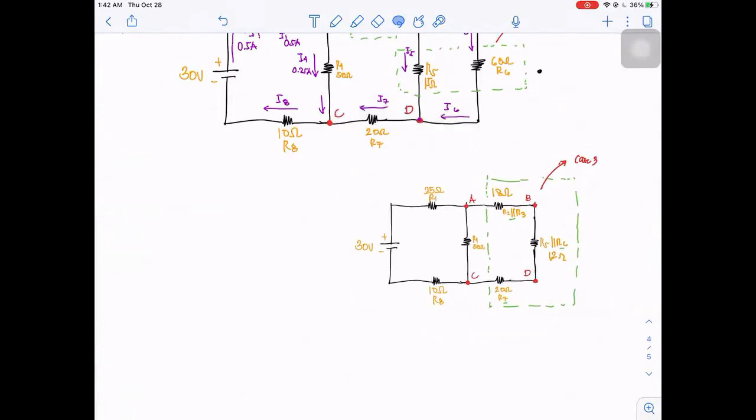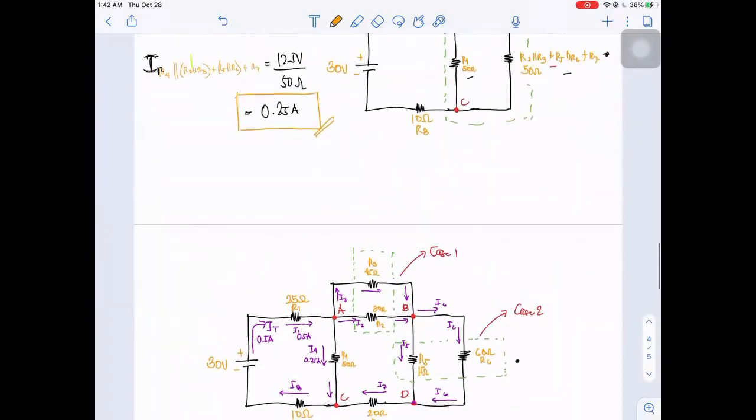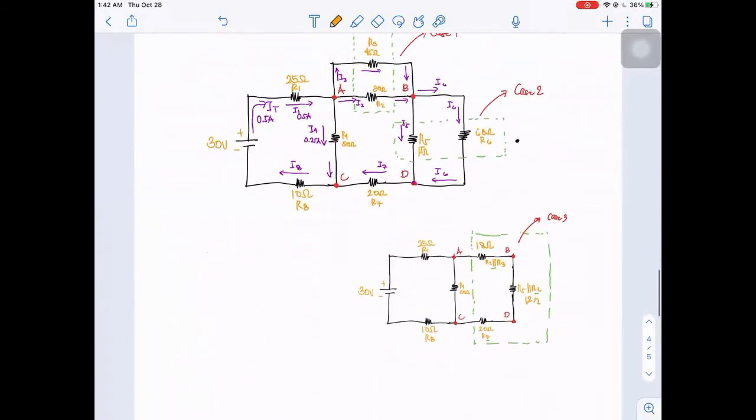Now, R2 parallel R3, R5 parallel R6, and R7 are in series. So therefore, 0.25 ampere is the current that is also flowing for R2 parallel R3, R5 parallel R6, and also R7.